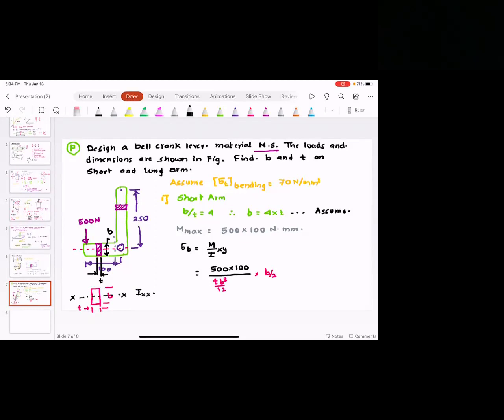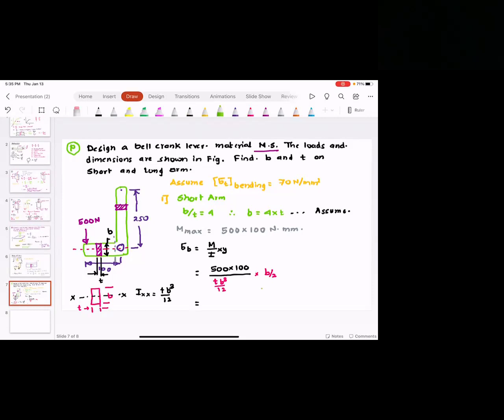I XX is equal to T B cube by 12. Now what I'm going to do here is use the relationship B is equal to 4 times T, or T is equal to B by 4.